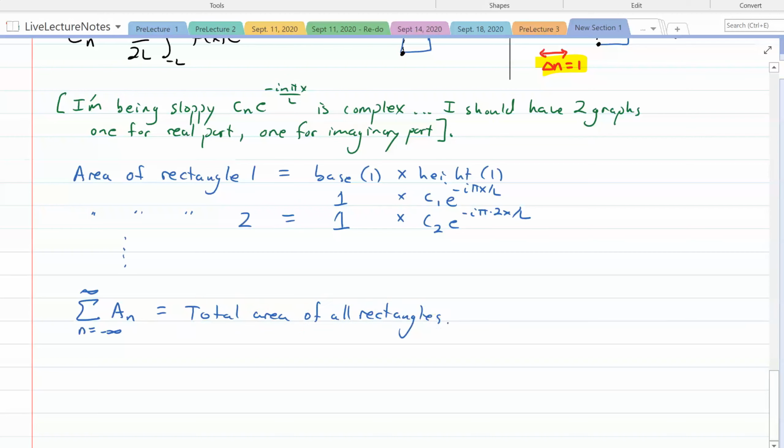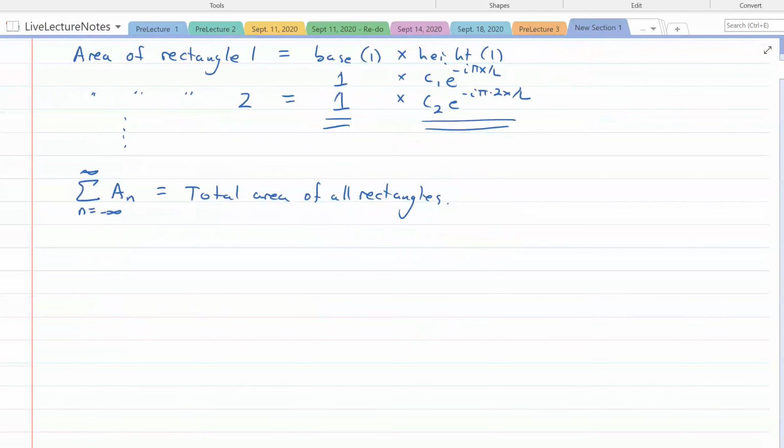But the rectangles all have a base of 1 and a height of Cn e to the minus I n pi x over L. So this is exactly equal to our Fourier series, right? Sum over n equals minus infinity to infinity, 1 times Cn e to the minus I n pi x over L.